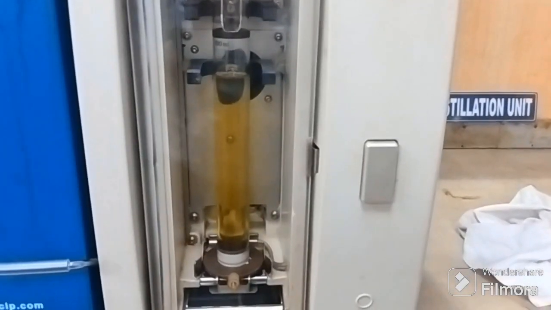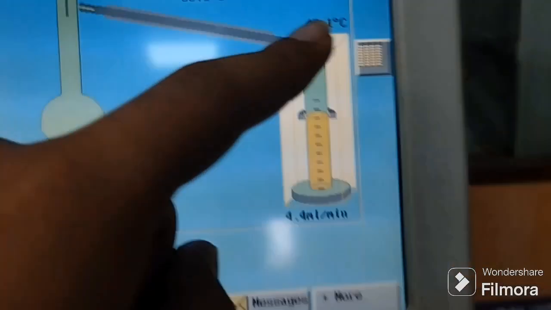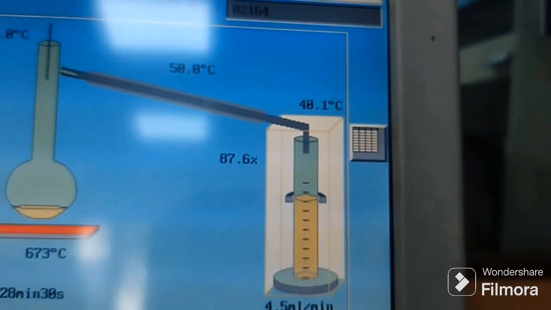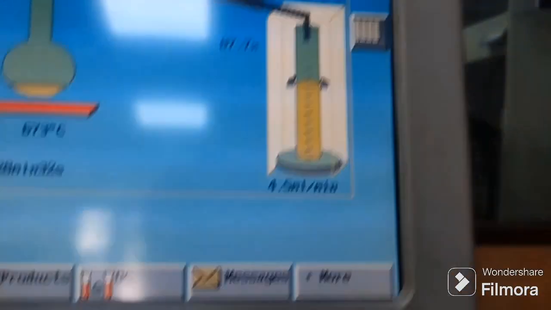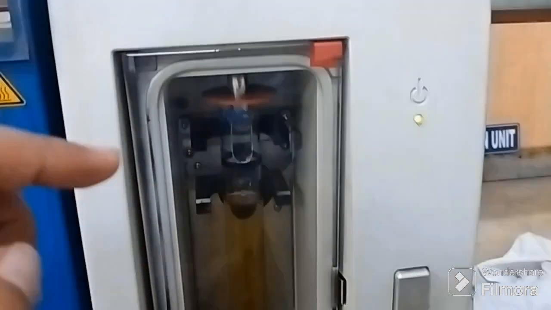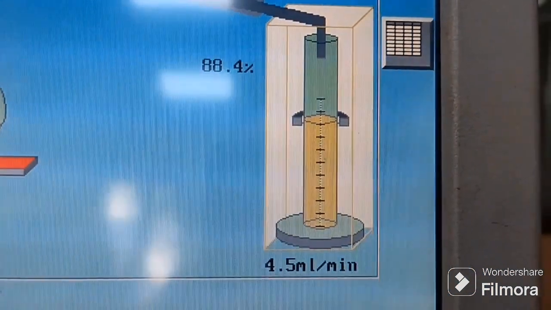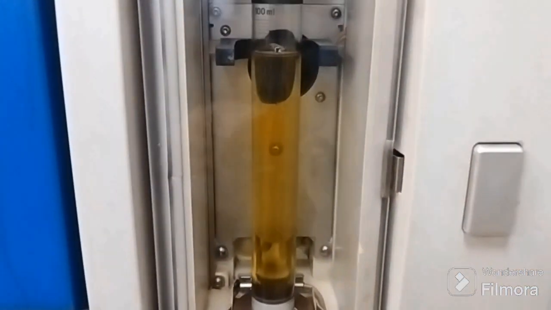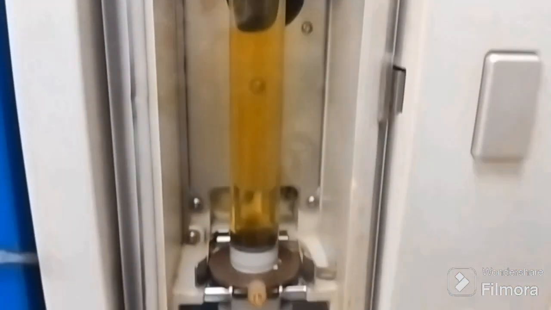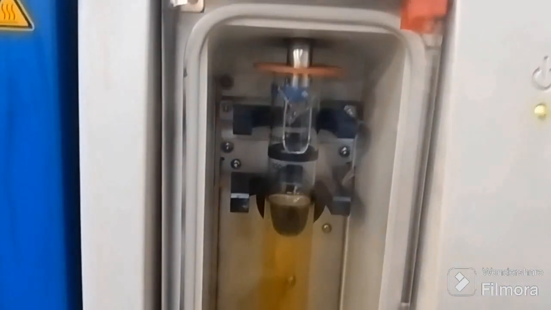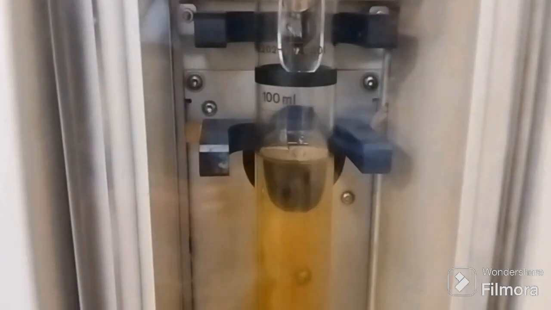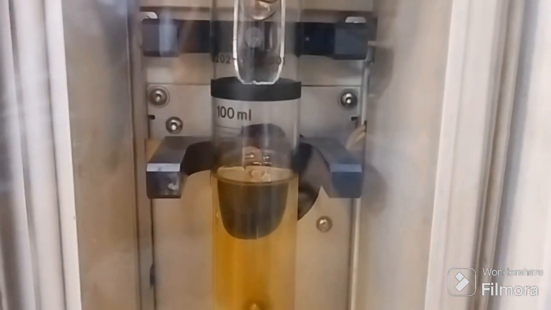And you can see this is a cylindrical flask. 40.1 degrees Celsius is from the sensor right here, which senses the temperature of the drops of liquid that are being collected here. And 80.5 is the percentage of the volume of liquid that has been accumulated inside this cylindrical flask, right?